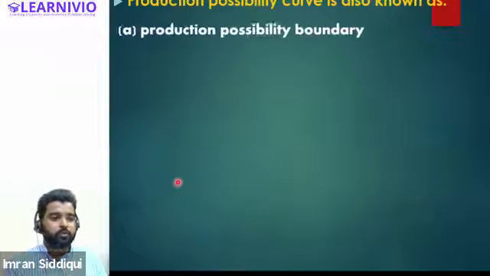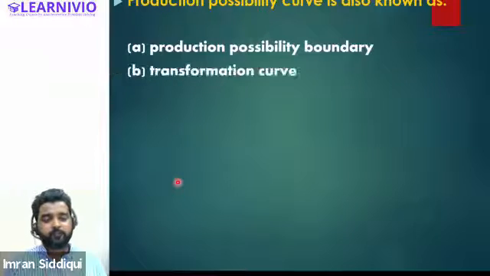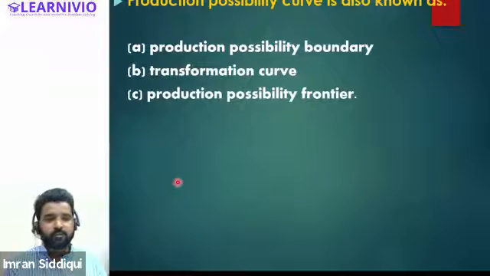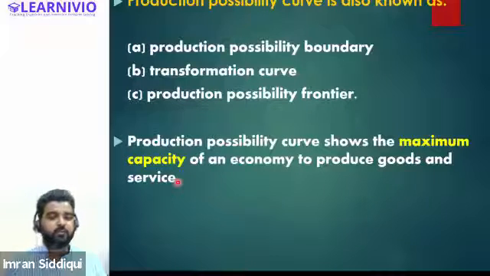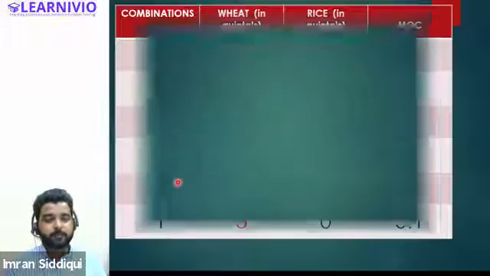Then we have also understood various names of the production possibility curve: production possibility boundary, transformation curve, and production possibility frontier. Then I have also told you that the production possibility curve shows the maximum capacity of a producer, and a producer cannot operate beyond the PPC.